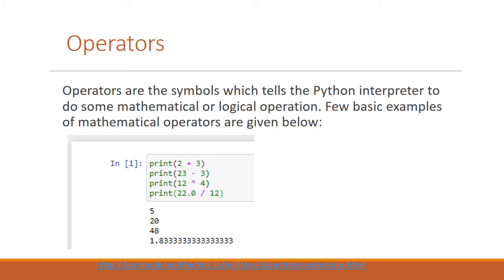In the second example, 23 minus 3, we're subtracting an integer from an integer, which results in an integer. 12 times 4, we have integer times an integer, which results in an integer. And in the last example, we have 22.0 divided by 12. So we have a float divided by an integer, which results in a float.